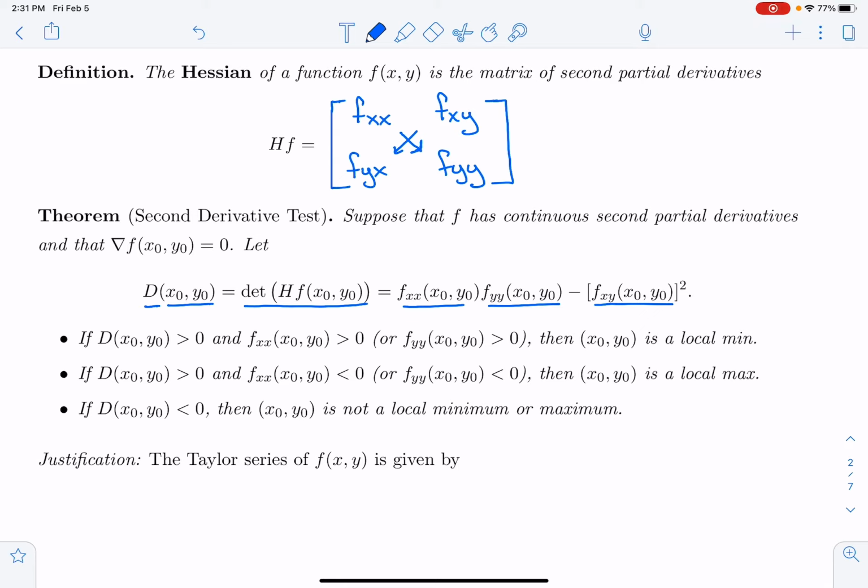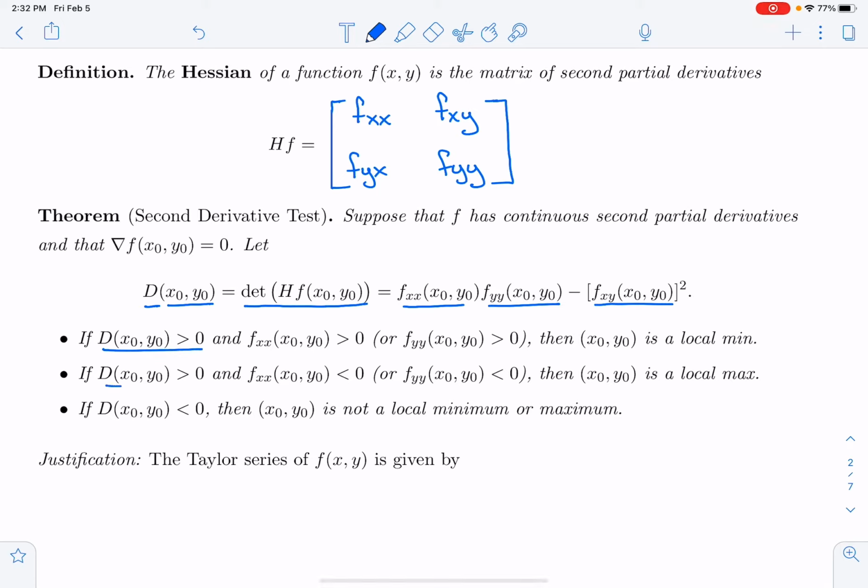So we're going to look at the determinant of this Hessian matrix, and we're going to refer to that determinant as D, which is a function of x and y. In this case, we're going to plug in x0 and y0 because that's where our gradient is going to be 0. Now, D helps split us into two cases. The first case is when D is bigger than 0.